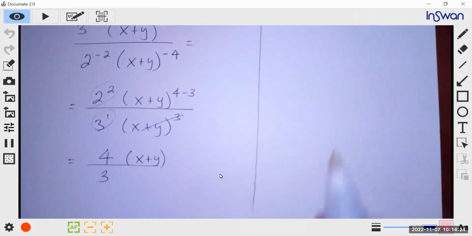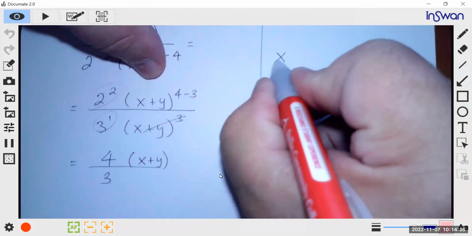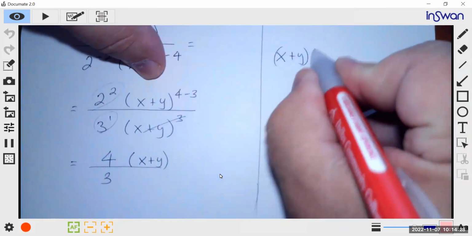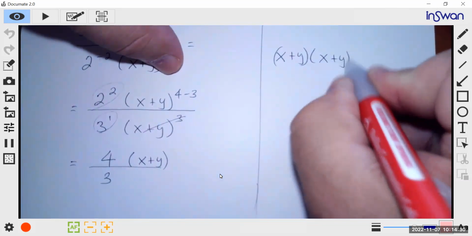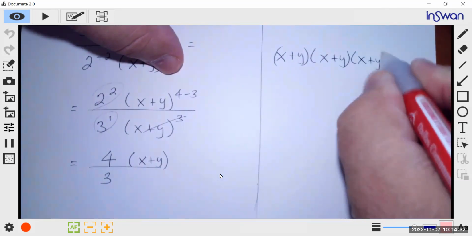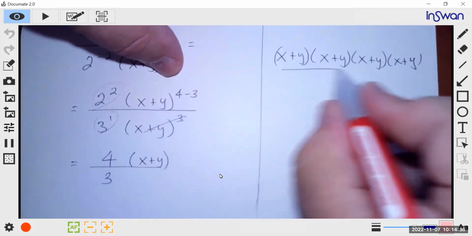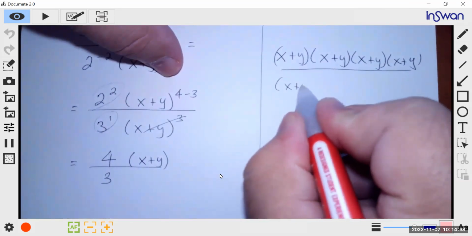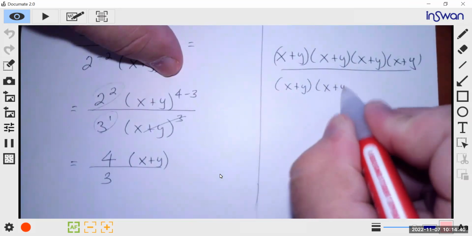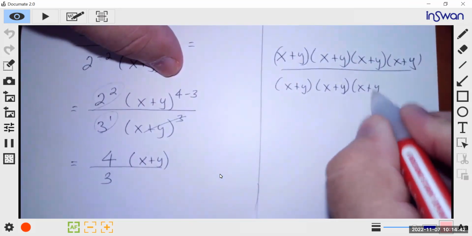Let me show you why: what you have right now is x plus y, x plus y, x plus y, x plus y. Those are those 4. On the bottom, you have x plus y, x plus y, x plus y.